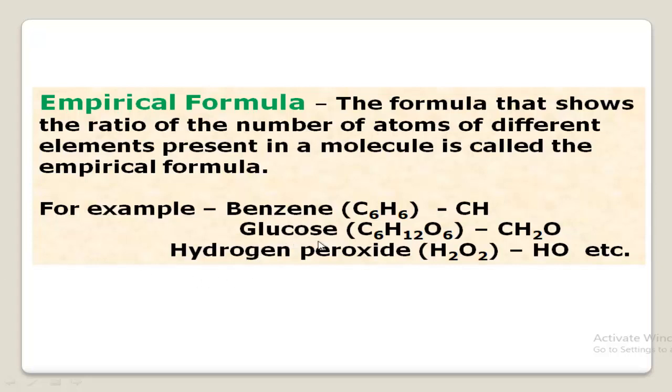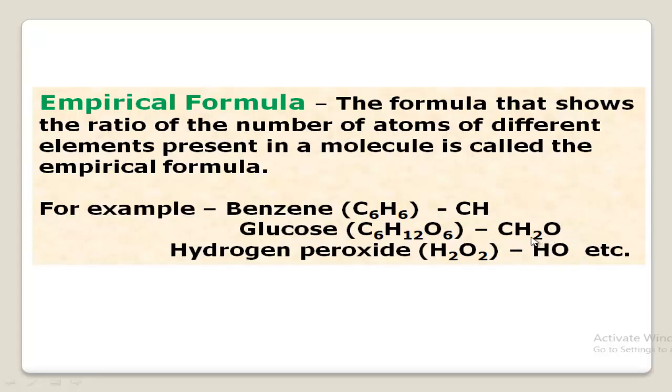Another example, glucose. Molecular formula carbon 6, hydrogen 12 and oxygen 6. So its empirical formula is CH2O. This just shows the ratio of the number of atoms present in glucose, CH2O.